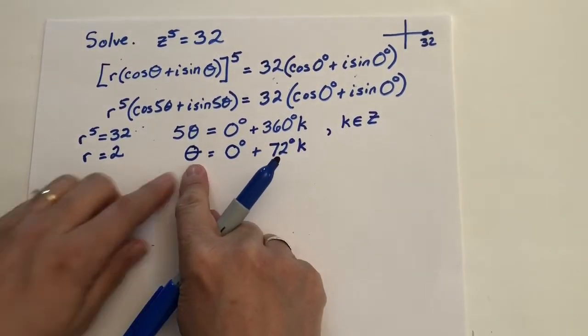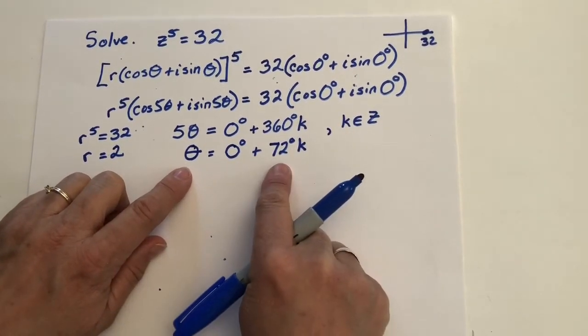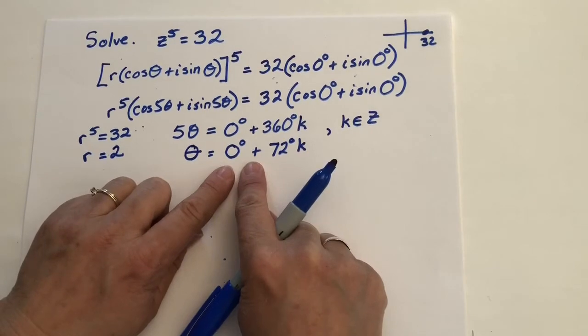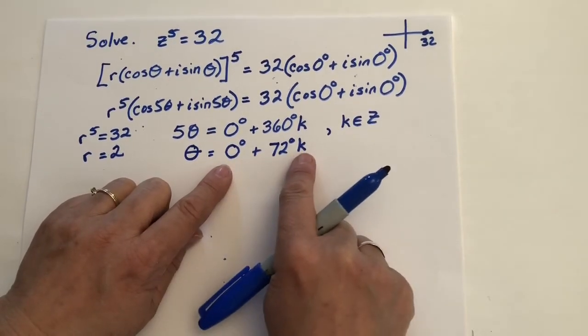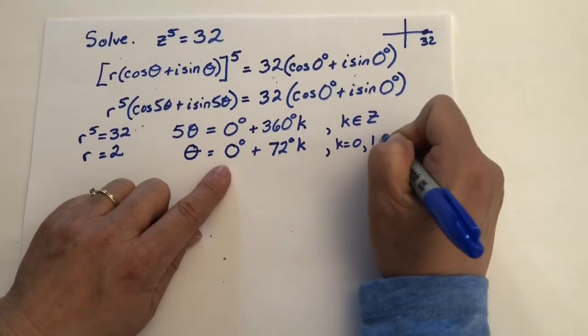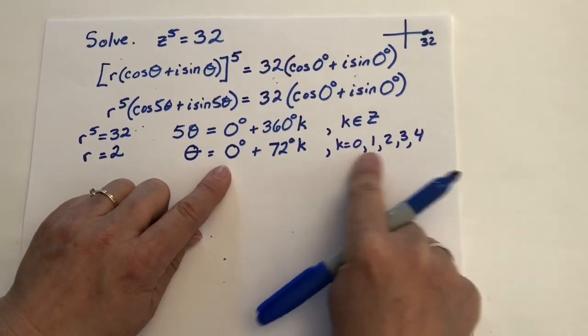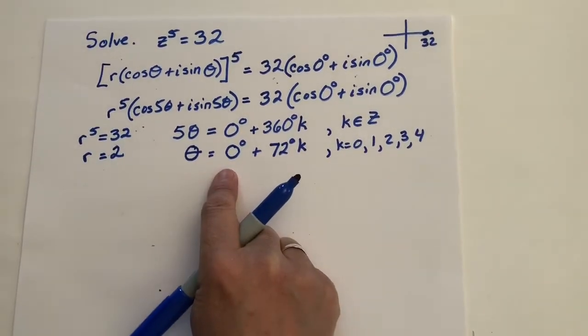But specifically, I want thetas that are between 0 and 360 degrees. So I'm going to substitute in k equals 0, 1, 2, 3, and 4, and I will get 5 values for theta.